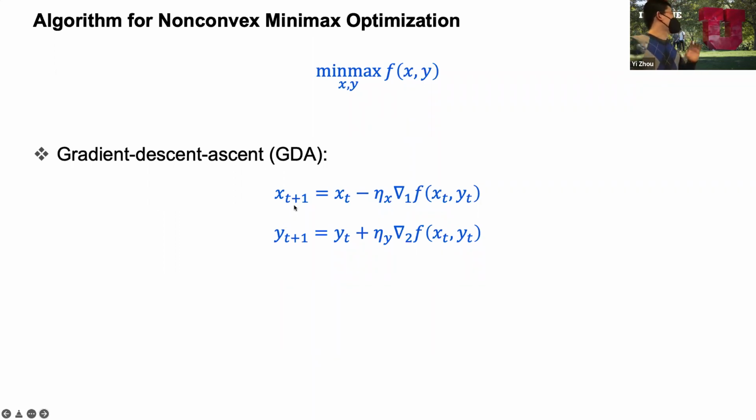Basically, to update x, because we are minimizing over x, we do gradient descent on x. Specifically, we only compute the partial gradient with regard to the first variable, which is x. And then we switch to y and do gradient ascent on y, where we use the partial gradient with regard to the second variable.